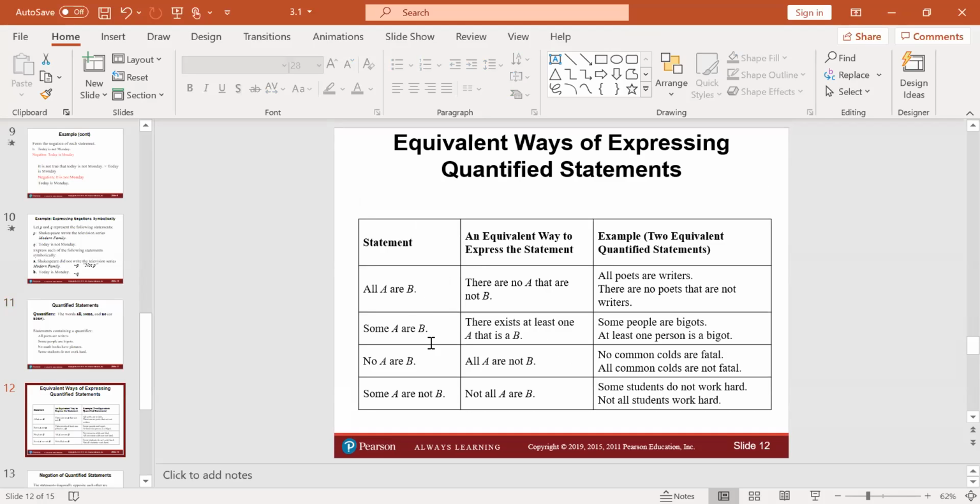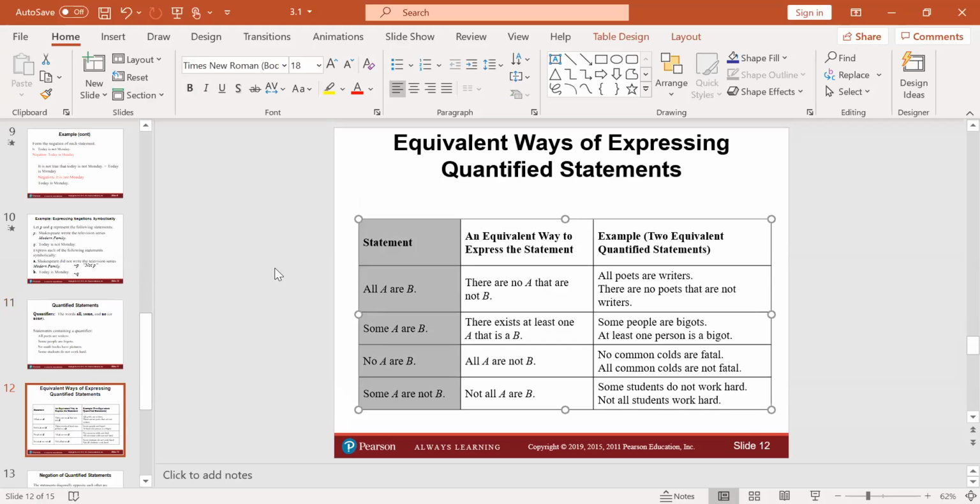So here are the four statements, the four basic types of logical statements. So let's just look at the first column here. There's only four basic types of statements. We might use some fancy wording to write those things in different ways.